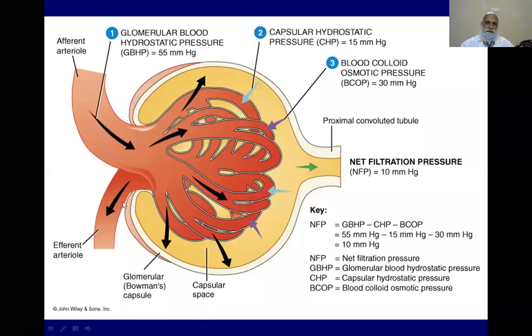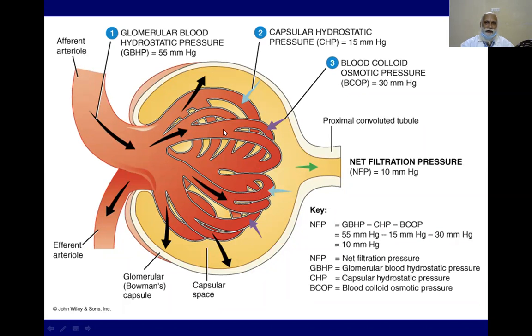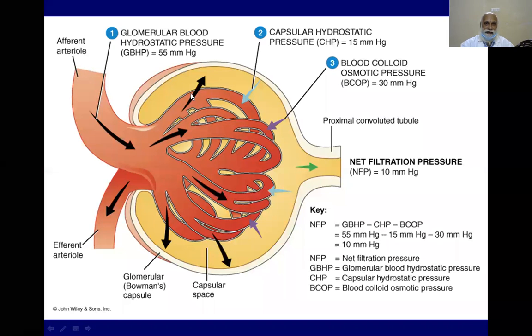So in this diagram, a very neat, clean and simple diagram, there is the afferent arteriole and efferent arteriole, incoming and outgoing, and then there are capillaries. As the blood goes through these capillaries, there is glomerular blood hydrostatic pressure, or simply glomerular hydrostatic pressure, which is 55 millimeters.